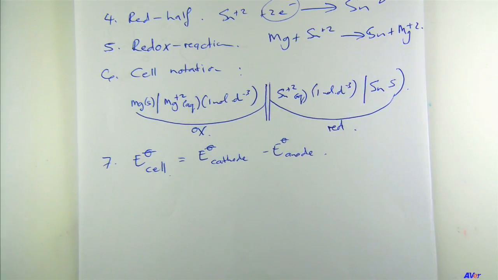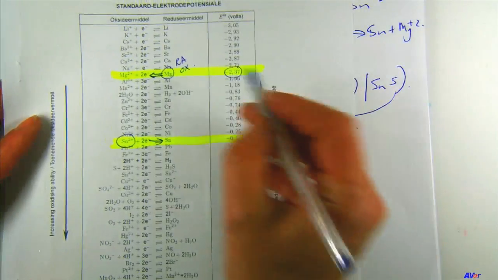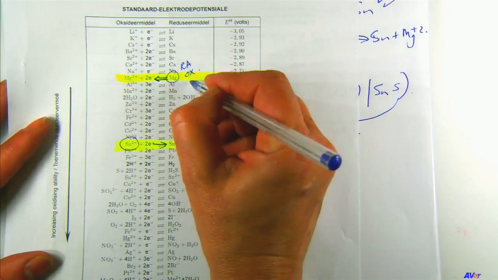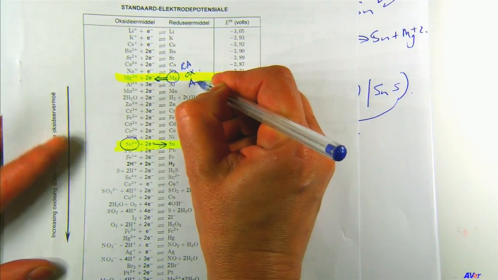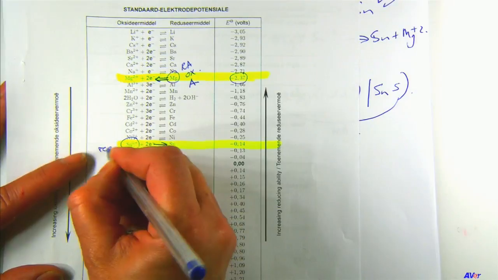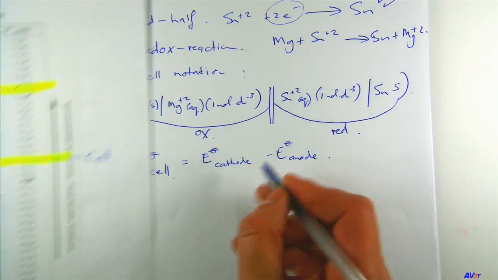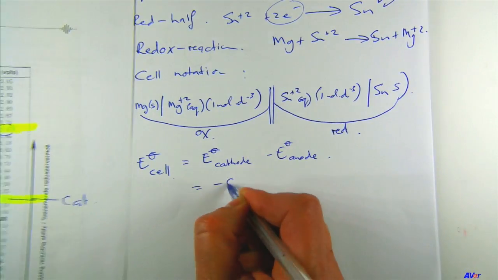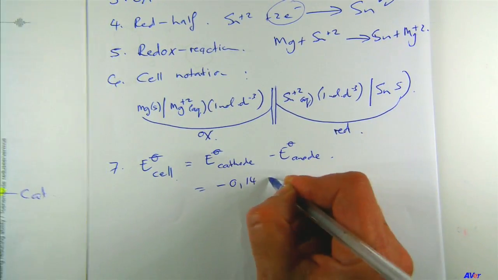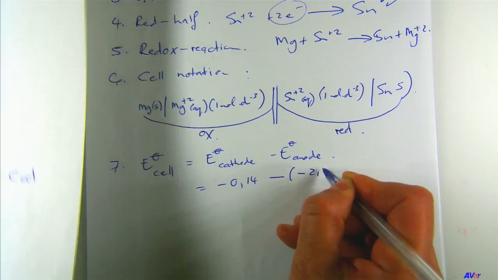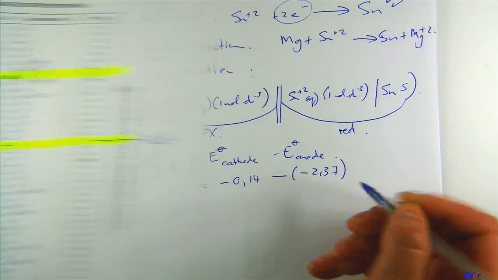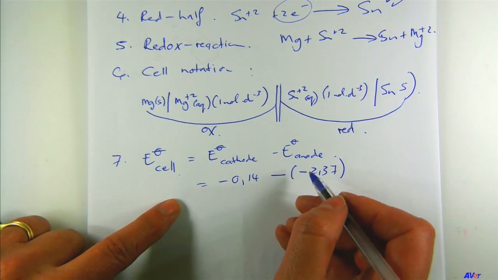Right. Which is the cathode? Now, where oxidation occurs, that is the anode, right? So where reduction occurs, that is my cathode. So that will be minus 0,14 minus 2,37. Minus minus is actually plus.